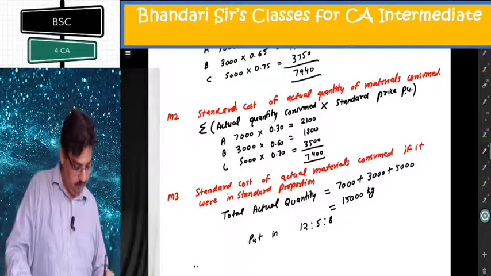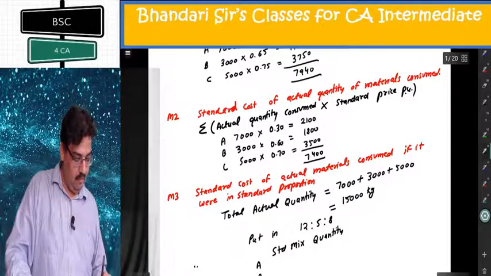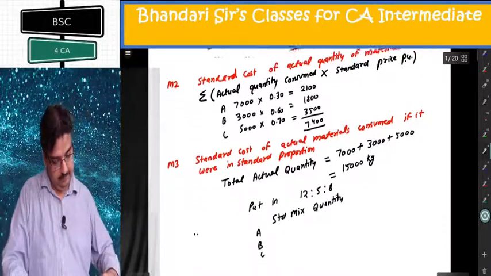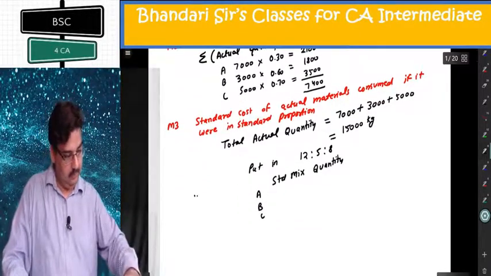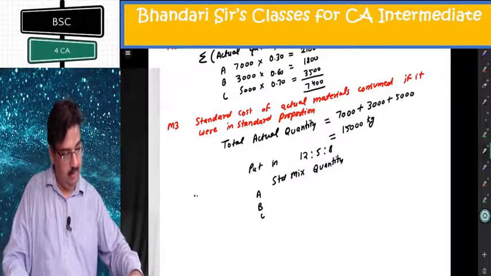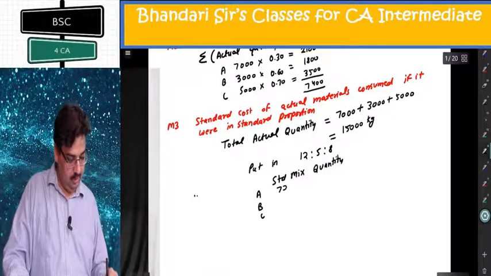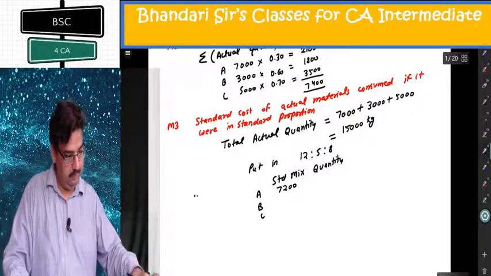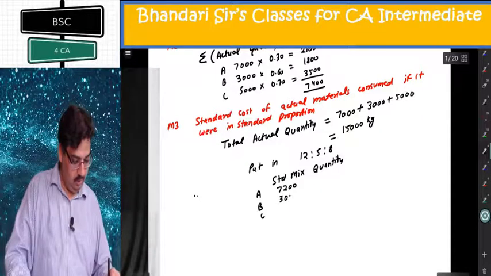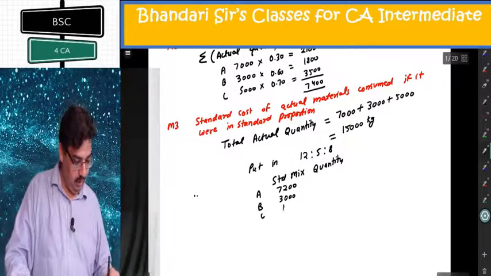So standard mix quantity for A, B and C: 15,000 divided by 25 into 12, 7,200; 3,000; 4,800.